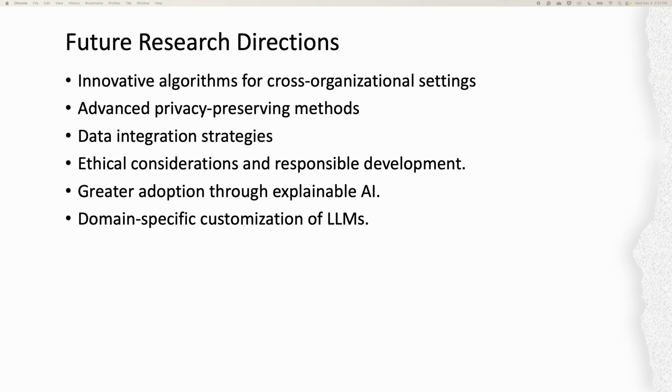There's also potential for greater adoption through explainable AI for explaining to the stakeholders in a better way, and also domain specific customization of LLMs, which we already discussed in the previous slide. So these are a few of the research directions we can go.